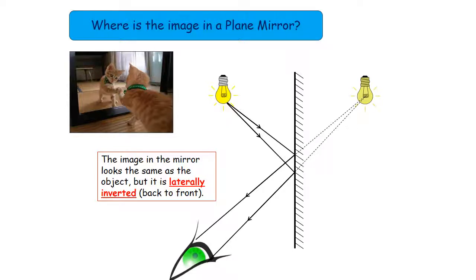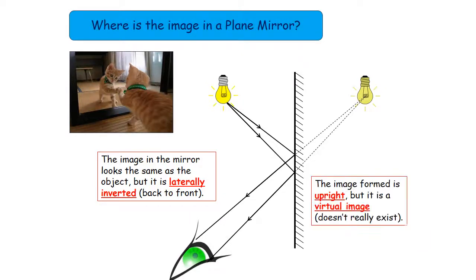It's also the same distance. The image formed is also upright, but is known as a virtual image. It doesn't really exist. So if I went to the back of the mirror in the picture of the kitten, there'd be no kitten at the back of the mirror.